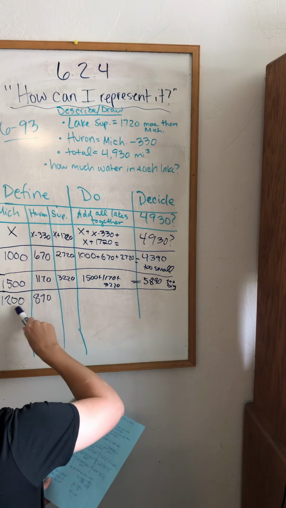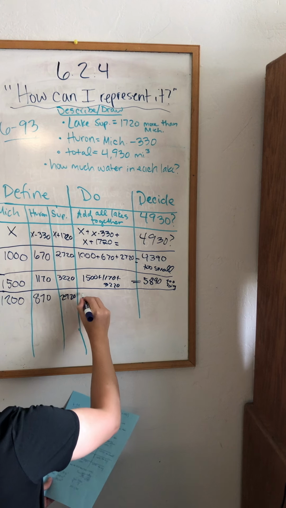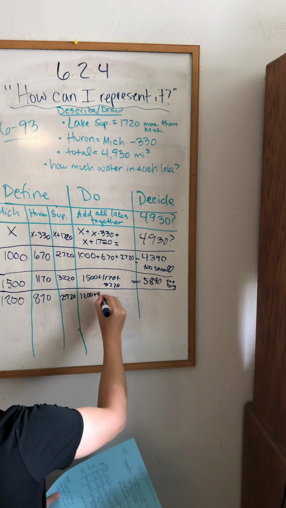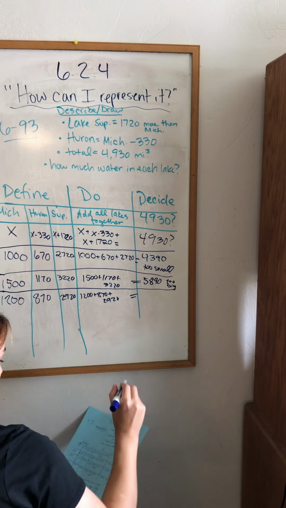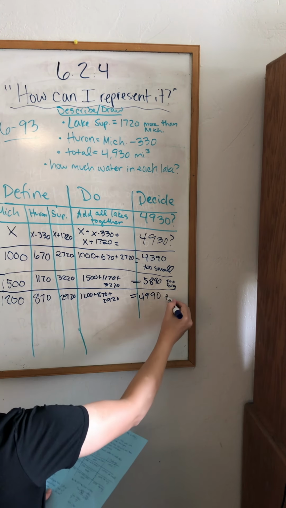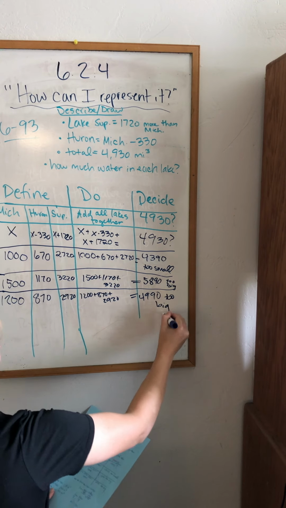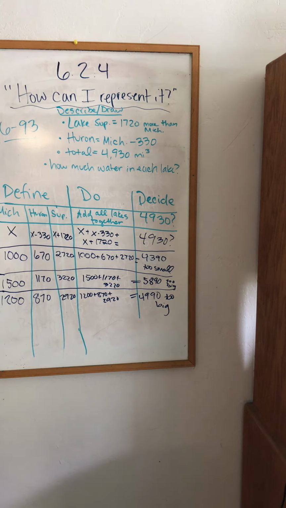And 1,200 plus 1,720 was 2,920. So if we added these, I got 4,990, which was too big. So there's my 3 trials that I did.